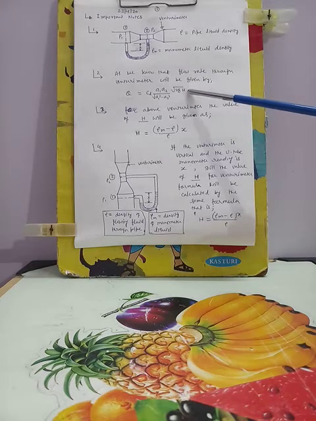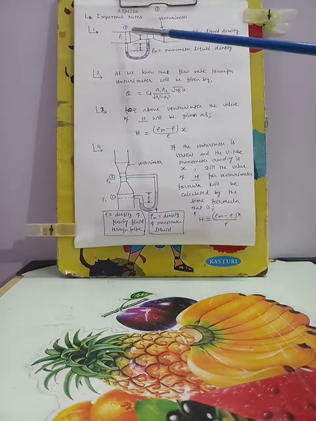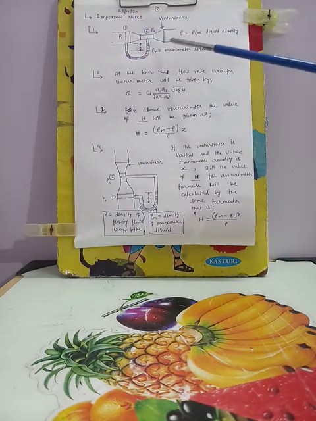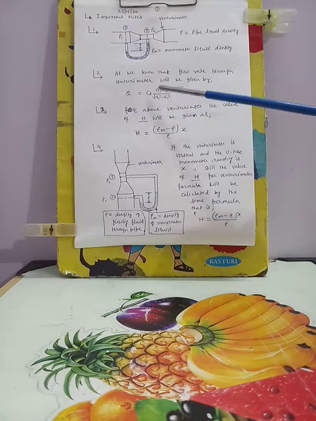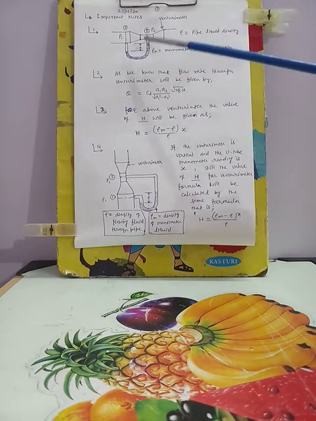We discussed it in detail in the derivation itself, but I want to discuss it separately because the orientation of the venturimeter may be horizontal, vertical, or inclined. That's why I am repeating this here.